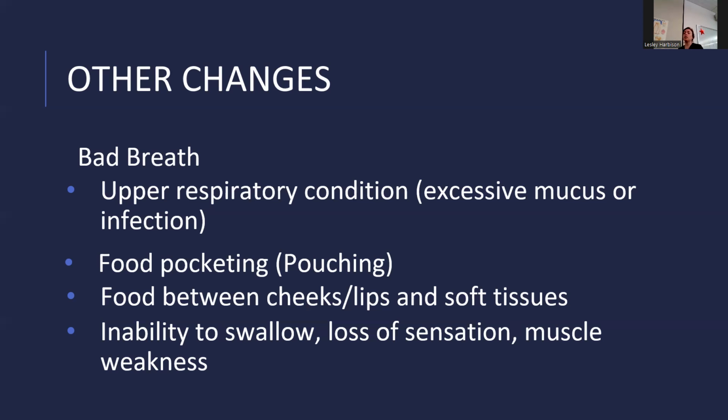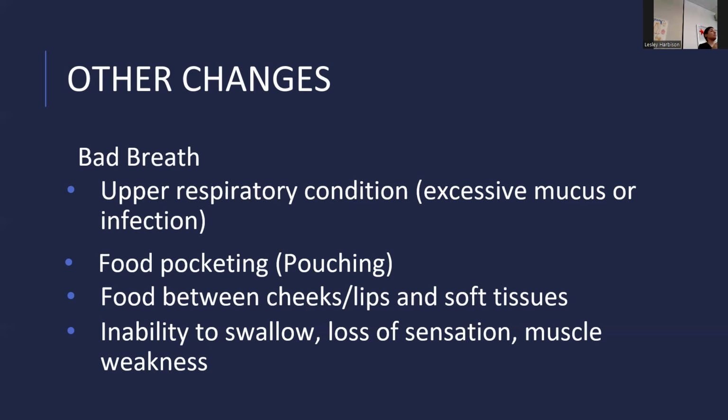Food between cheeks and lips and soft tissue, sort of similar thing. Inability to swallow, loss of sensation, and muscle weakness. So that's the other thing too, is when we chew and swallow, our whole mouth kind of helps us get the food chewed up and swallowed, but they may have weakness in their tongue and their buccal mucosa, like the whole entire facial muscular setup is just weaker, and so it's not going to process as effectively.